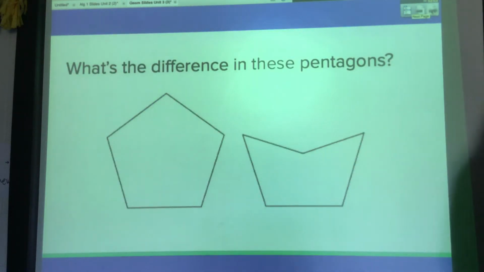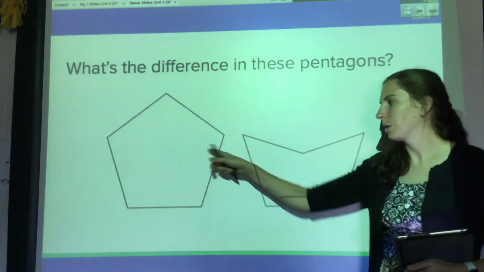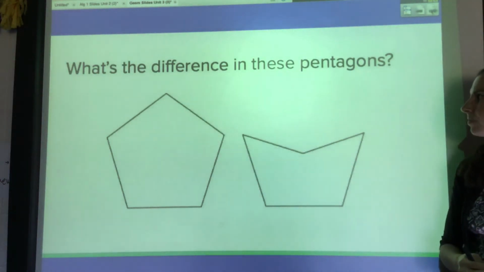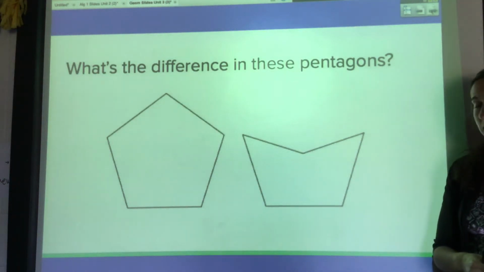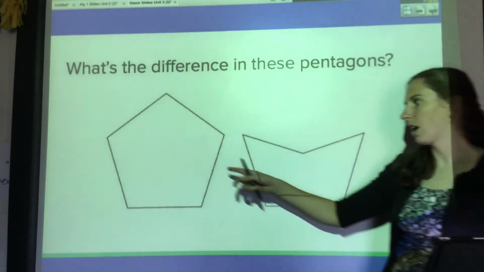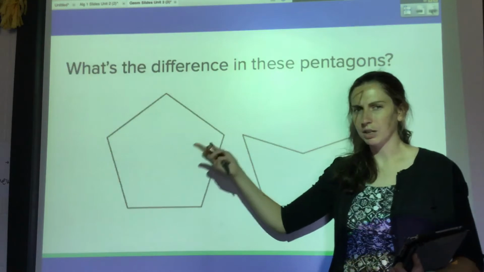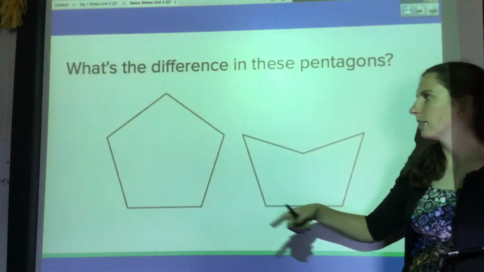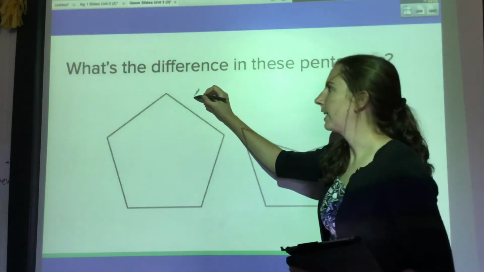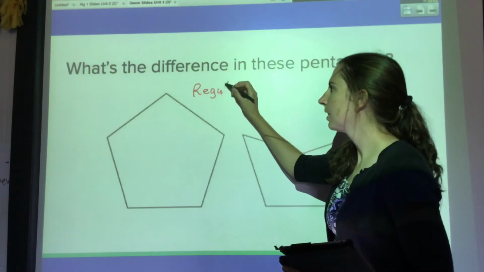All right, so first of all, just a bit of review and some vocab. What is the difference between these two pentagons? So they're both pentagons, they both have 5 sides. This pentagon is more what you think of when you hear pentagon. That's because this is what we call a regular pentagon.